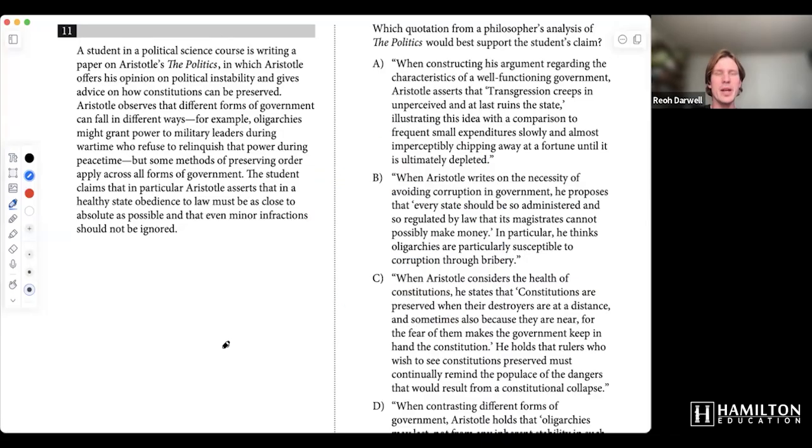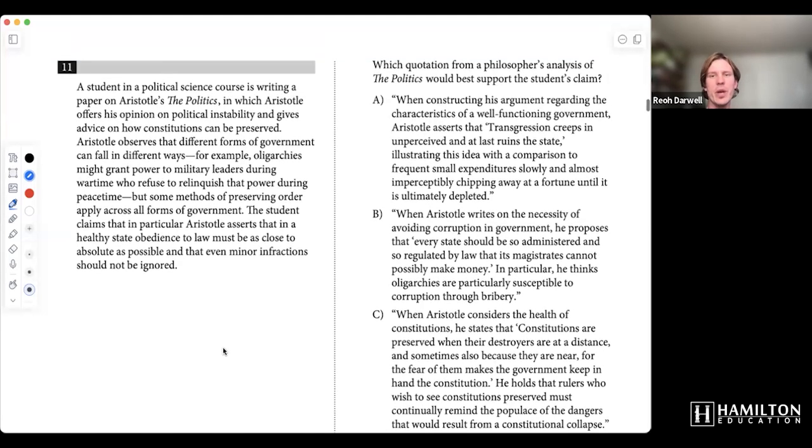All right, 11 is a great and difficult question here. We are asked to find a quotation that supports the student's claim. So what is the student's claim here? The student's claim is that Aristotle asserts that in a healthy state, obedience to law must be as close to absolute as possible, and that even minor infractions should not be ignored.